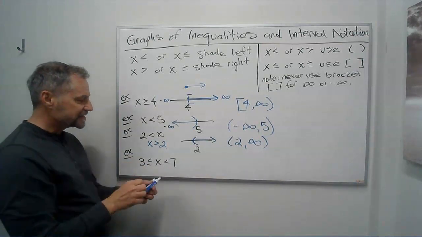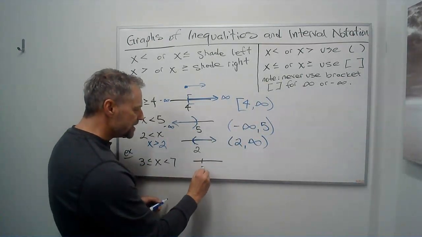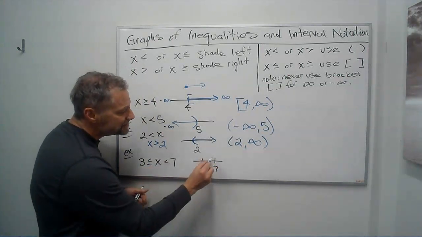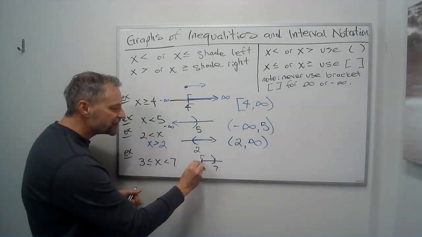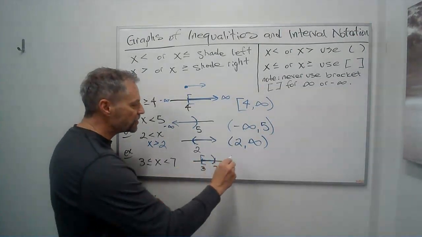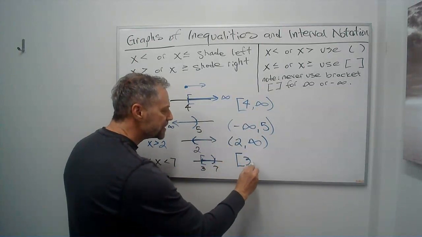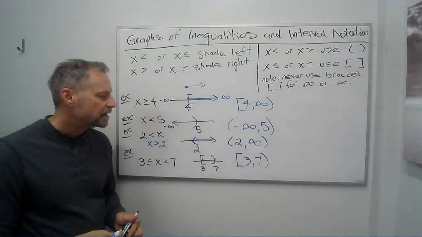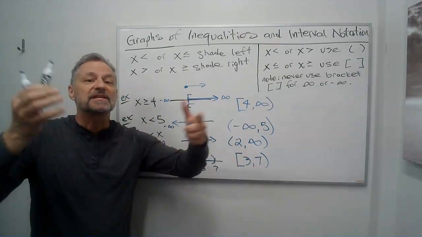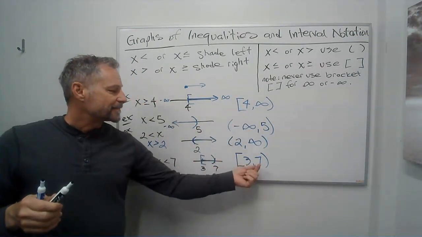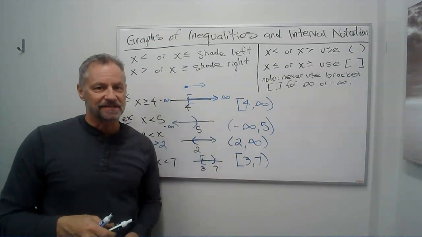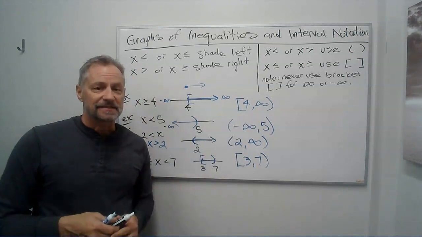So between 3 and 7, here's 3, here's 7. 7's a parenthesis. It's less than 7, but it's also greater than or equal to 3. And it's everything in between. So interval notation is just bracket 3 to 7. So it includes 3, and then everything up to 6.99, really close to 7, but doesn't quite get to 7. Anything just less than 7.